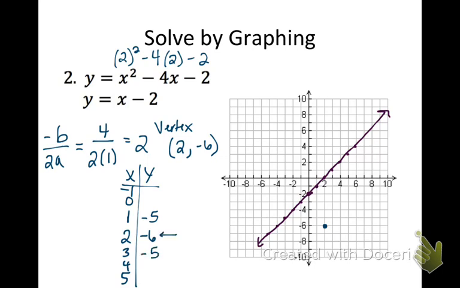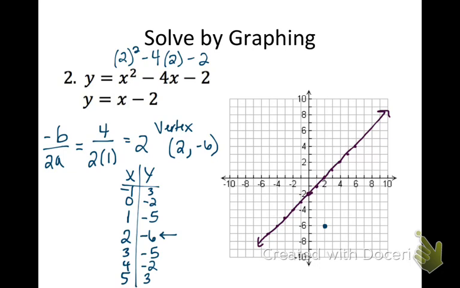Since I've placed the vertex here, I know I can do this each time with my y value. Now if I plug in 0, 0 squared minus 4 times 0 minus 2 is just going to be negative 2. Same thing for plugging in 4. And then my last one, if I plug in negative 1, so negative 1 squared minus 4 times negative 1 minus 2, I will get out 3.